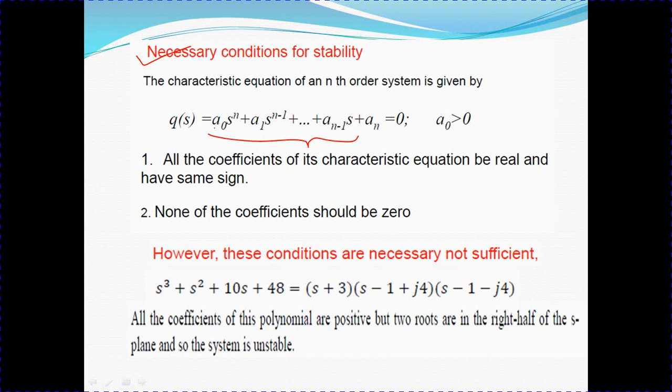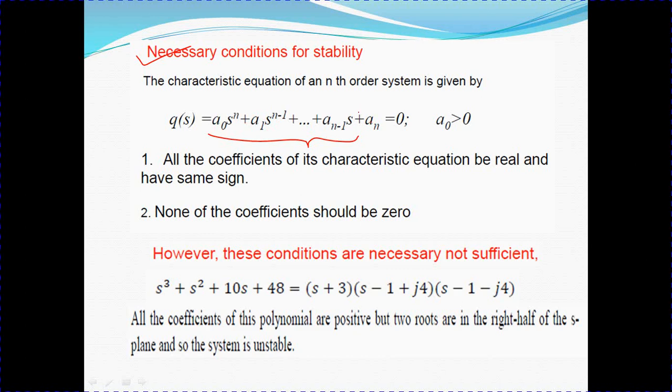It may be positive or it may be negative, but all the coefficients must have the same sign. So that means a0, a1 up to an must all have the same sign, usually positive, and none of the coefficient values should be equal to 0.